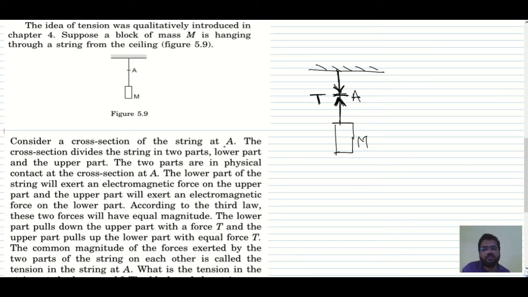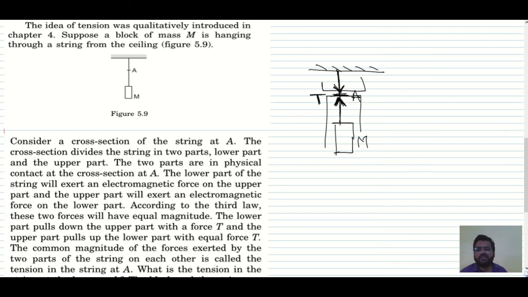Consider the cross section of a string at A. The cross section divides the string into two parts, the lower part and the upper part. The two parts are in physical contact at the cross section at A. The lower part of the string will exert an electromagnetic force on the upper part, and the upper part will exert an electromagnetic force on the lower part.